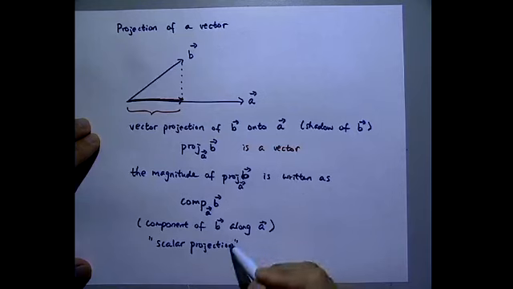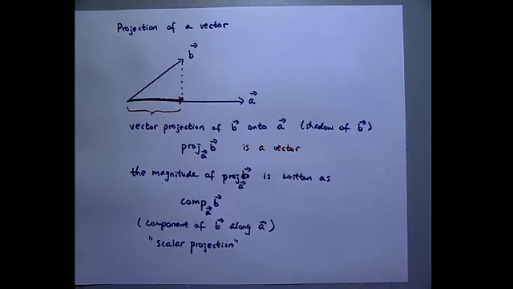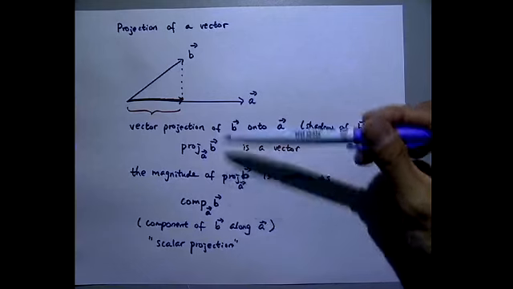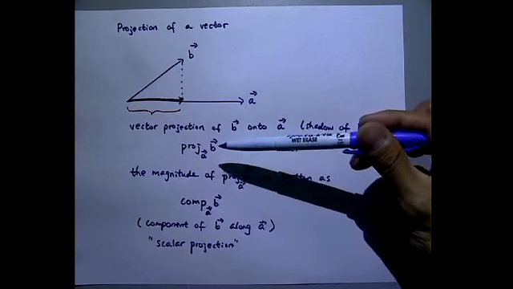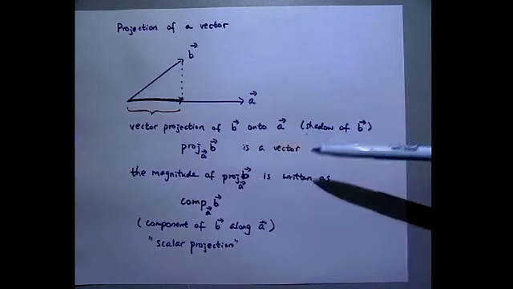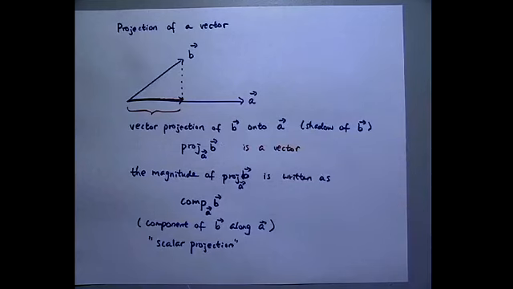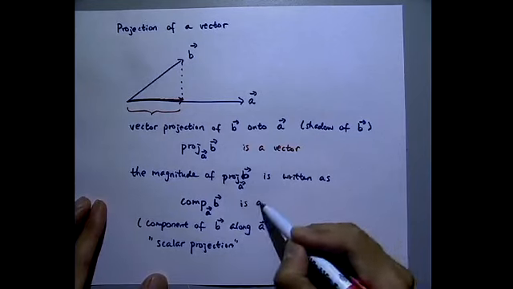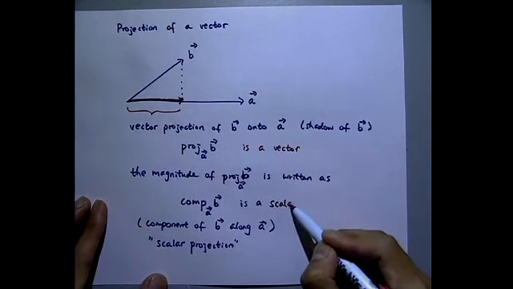It is also called a scalar projection. So it's very, very important to be familiar with the symbols we're using here. The projection means a vector projection. The outcome is a vector. The component is a scalar projection. The outcome is a scalar, a number.